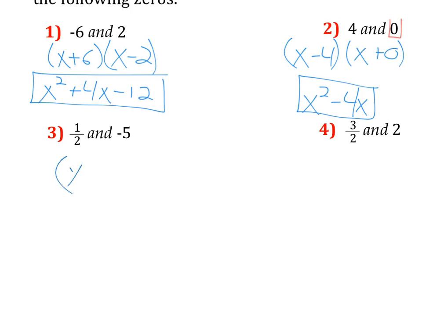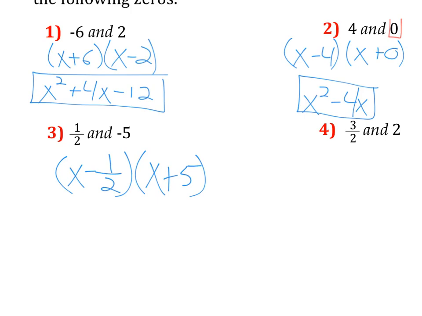If I follow the pattern I've been doing, we'd have x minus 1/2 and then x plus 5. Now some of you might be on edge right now because we're dealing with fractions. And typically fractions don't really make an appearance in factored form. So anytime you see a fraction, here's what you need to do.